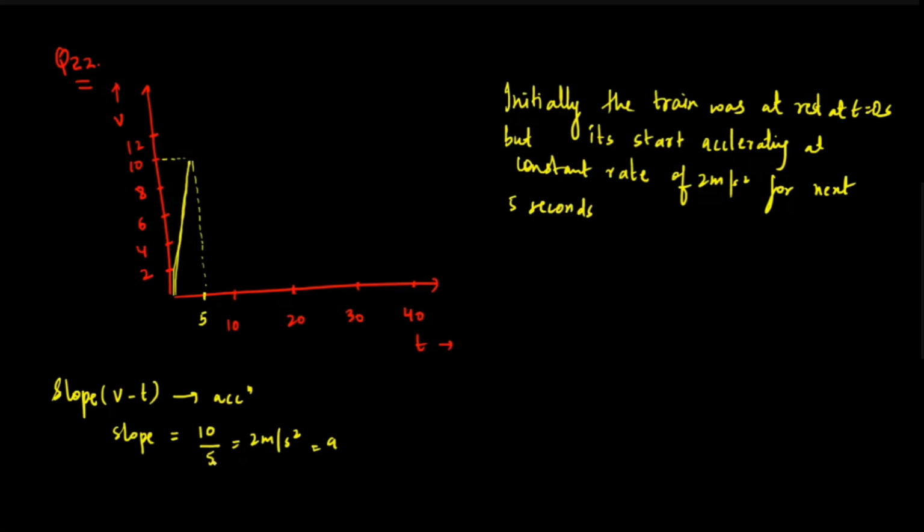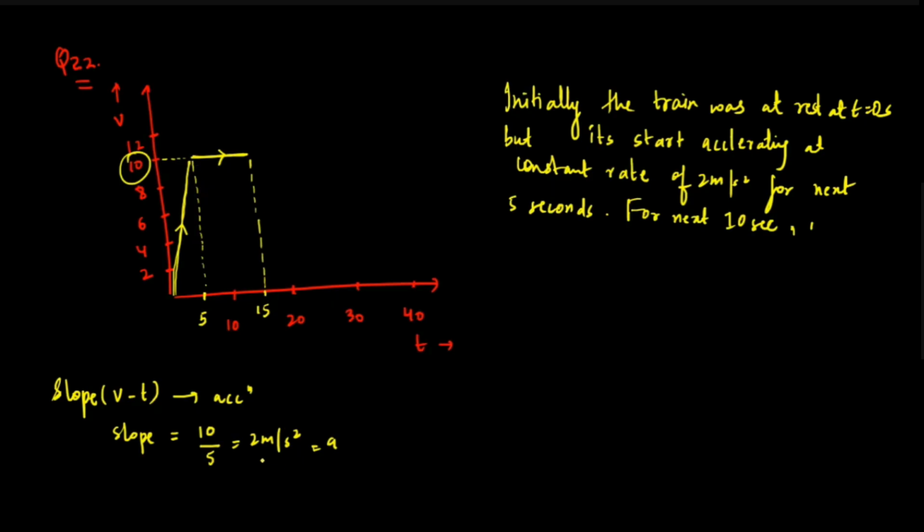Now it's continuously moving with 10 meters per second for next 10 seconds. We'll write the same. Just look at the graph. It goes like that. Then the velocity remains 10 for next 10 seconds. But why is it 2 meters per second squared?